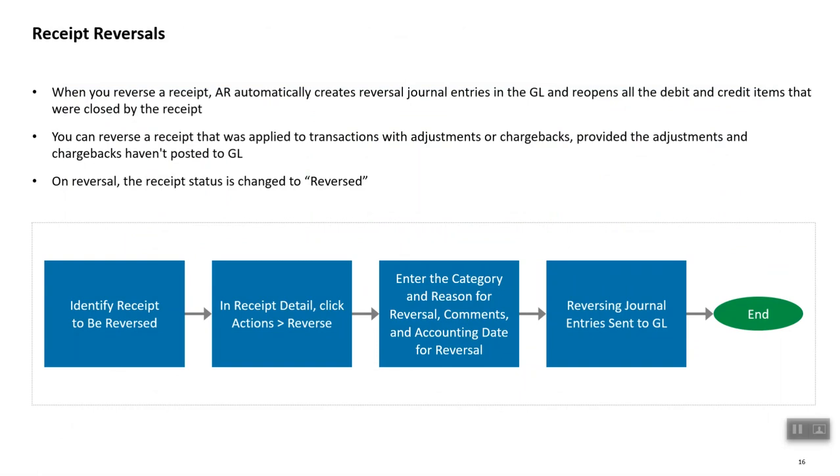The next topic here is receipt reversal, and it is a very easy topic. As and when you create a receipt, it may happen that you created a receipt, you even applied it, but then you created it manually, and now you would want to revert the transactions altogether.